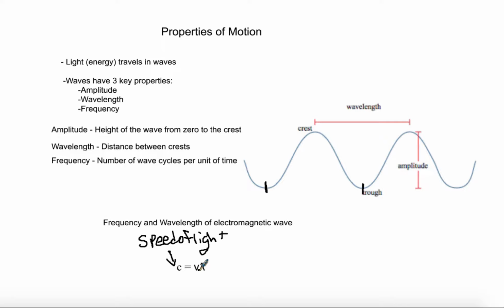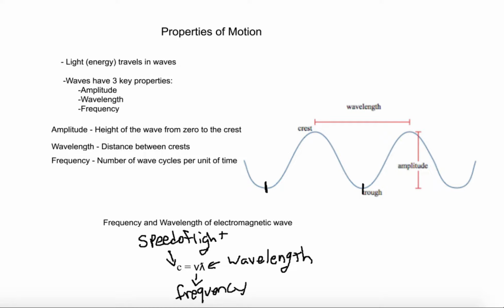Now, this symbol right here, the Greek symbol called nu, is your frequency. And your lambda symbol here is your wavelength. We're going to be using Greek symbols here to represent these different quantities, or measurements, sorry. So the speed of light is nothing but the product of the wavelength and the frequency.